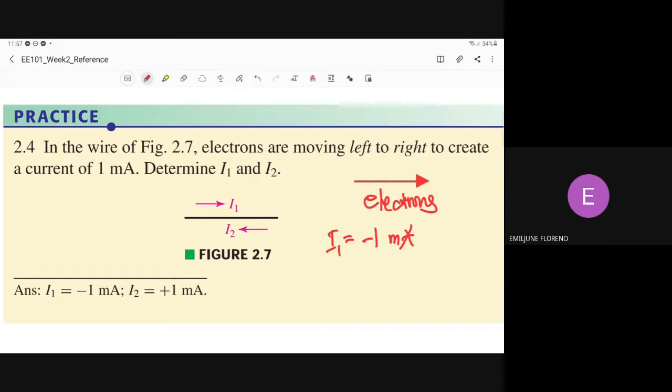But for calculation purposes, we will be looking at the net positive charge sa atong system in identifying the flow of our current. So kung maingon ang problem, the electrons are moving from left to right, then I1 is negative 1 milliampere.